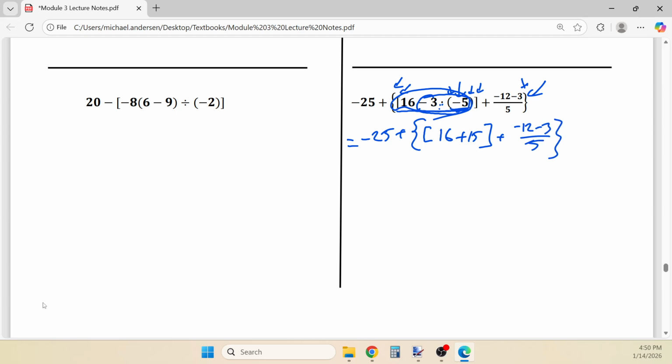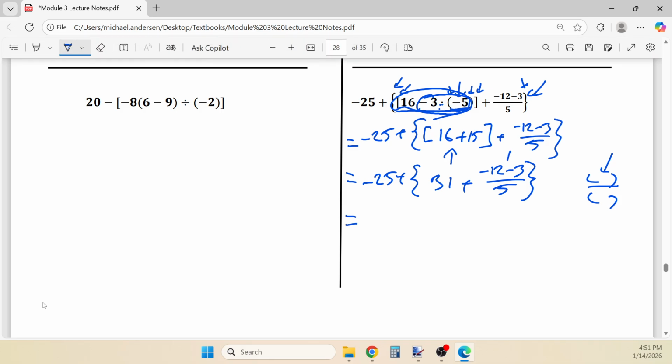Okay. I see this is my next inside-most set of parentheses, so I do that next. 16 plus 15 is 31. The tops and bottoms of fractions always count as if they have parentheses around them.